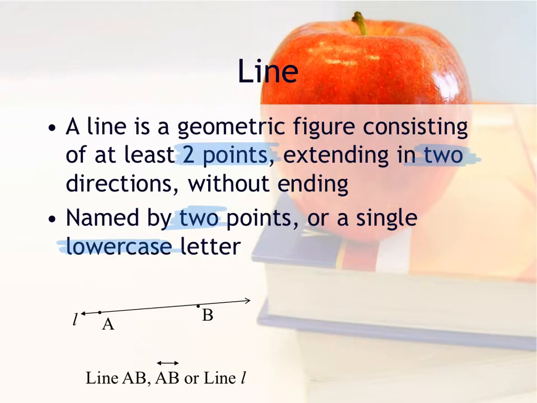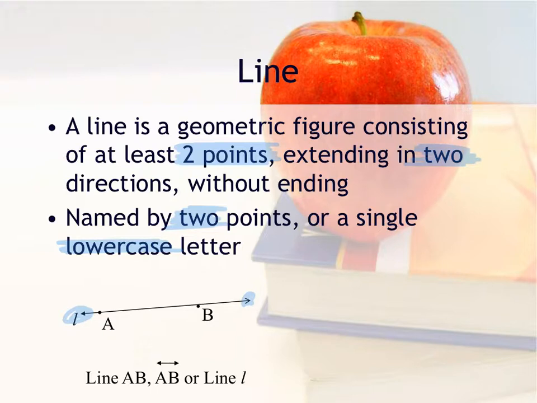A line is also a geometric figure, and it consists of at least 2 points. It's going to extend in 2 directions, and it's never going to end. Notice on my picture down here, I have a picture of a line, and notice the arrows on the end.